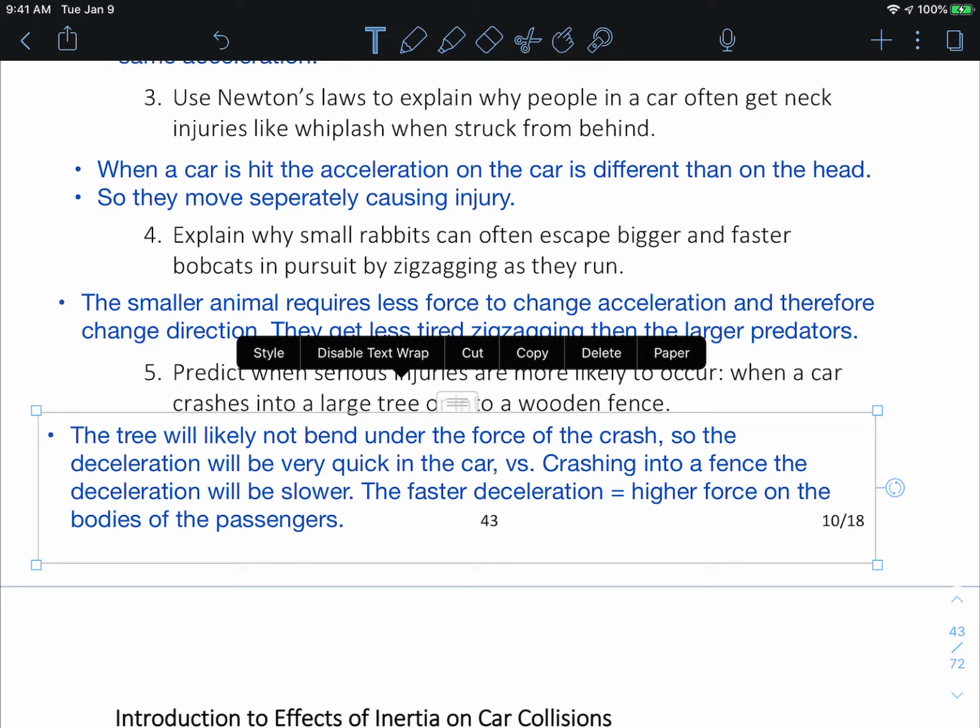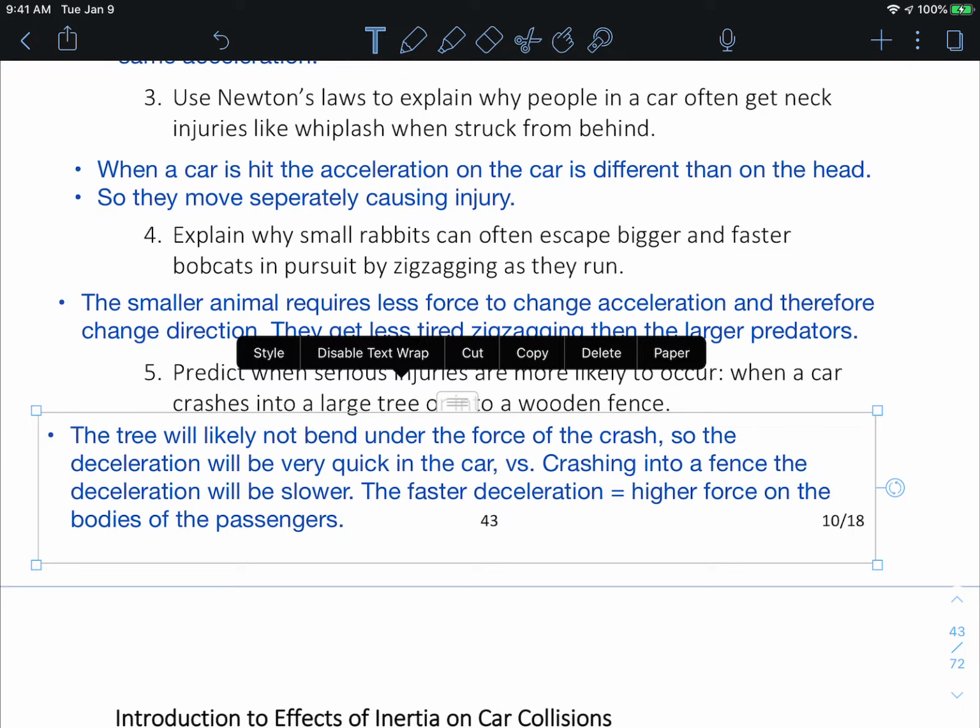When a car hits a fence and the fence slowly falls over and the car keeps kind of sliding forward over that fence, that will be a longer period of time that the car is decelerating over. So that's a slower deceleration.